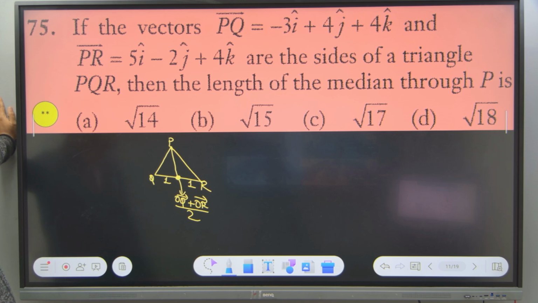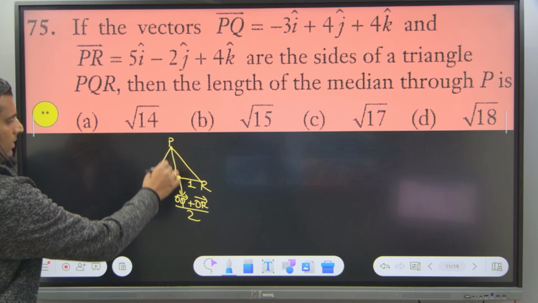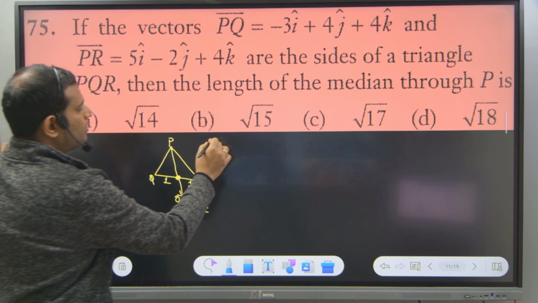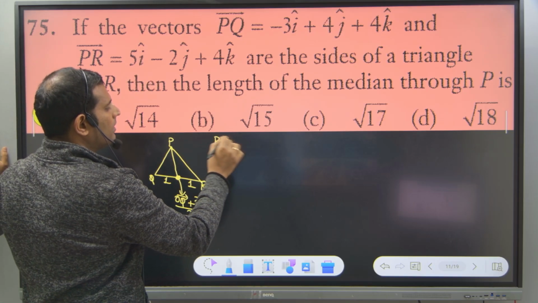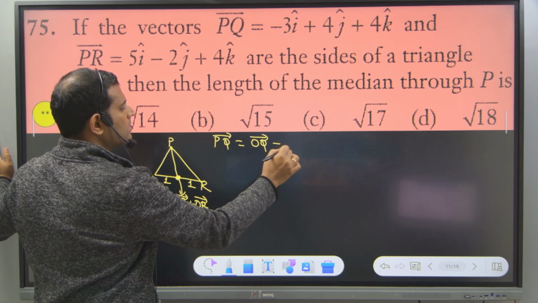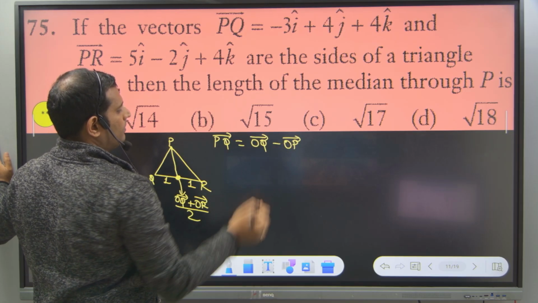Now I will tell you one trick to solve this very quickly. For measuring this length, they have given PQ. What is PQ? PQ is nothing but OQ minus OP, correct?